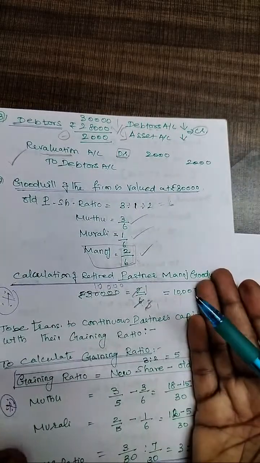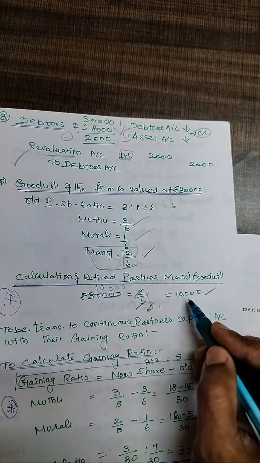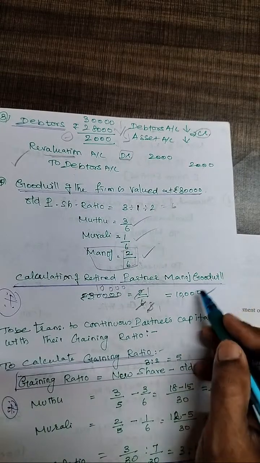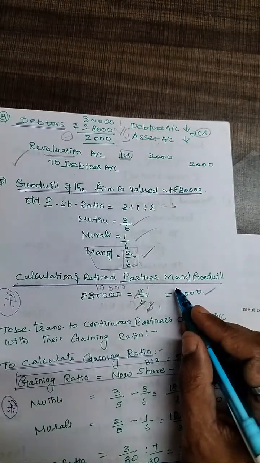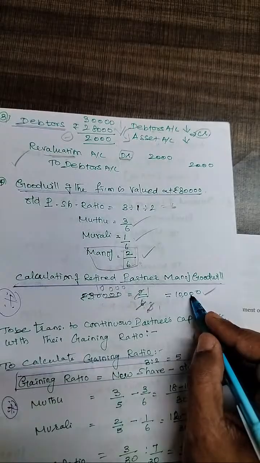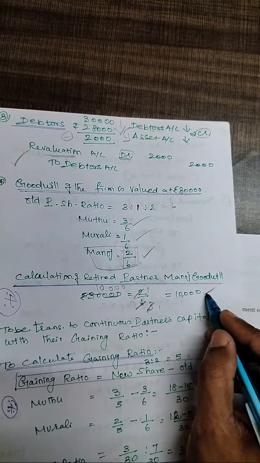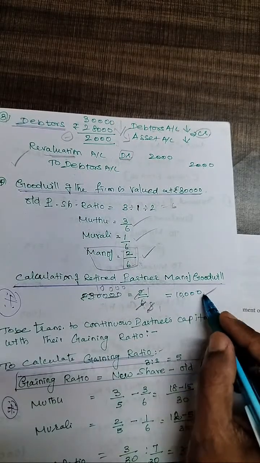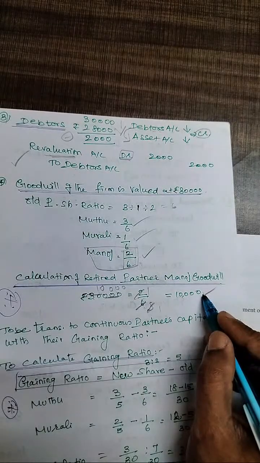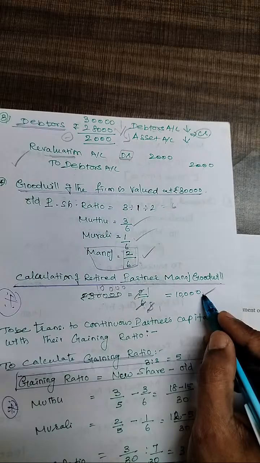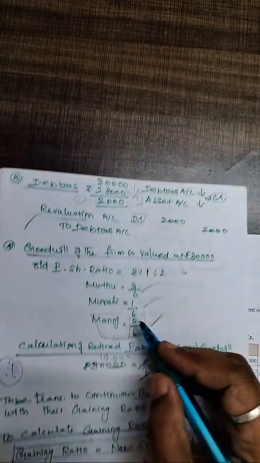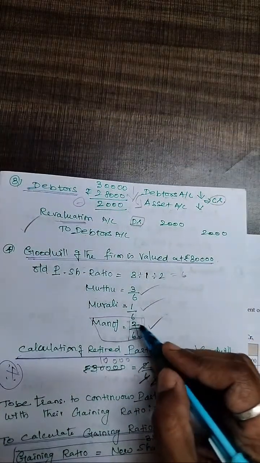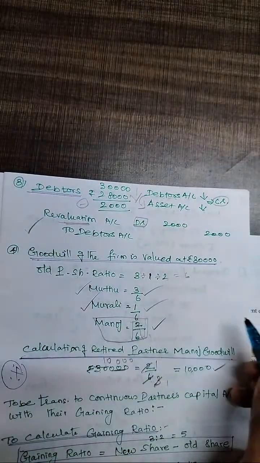It will be immediately transferred to the Manoj capital account. After the share of goodwill is transferred into Manoj's capital account, from that account it is immediately transferred to the continuing partners' capital accounts in their gaining ratio. Who are the continuing partners after Manoj retired? The continuing partners are Muthu and Murali, right?